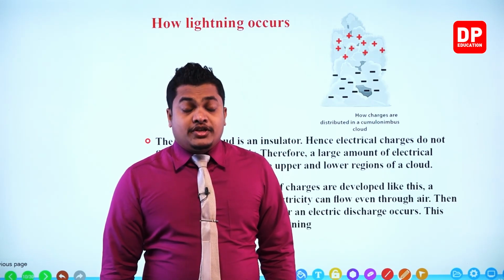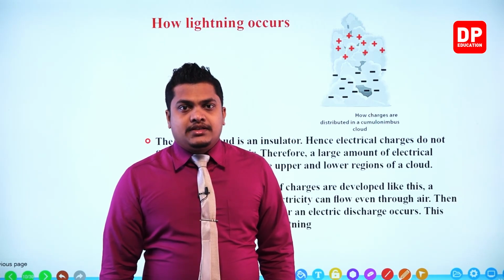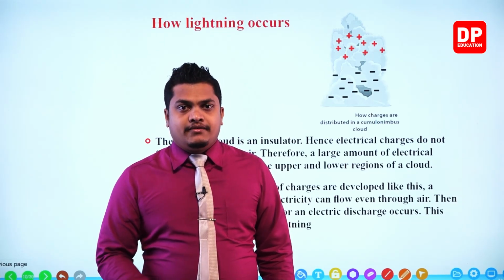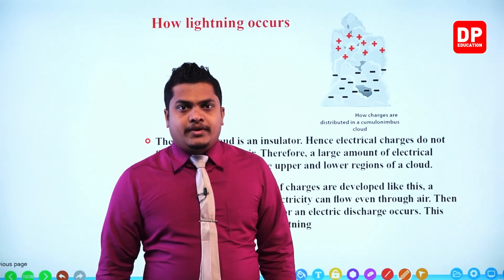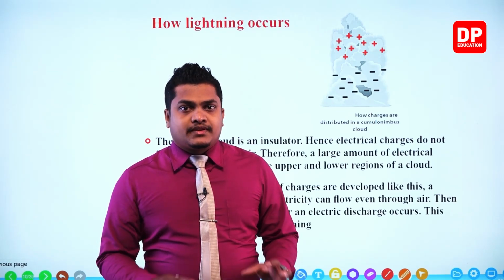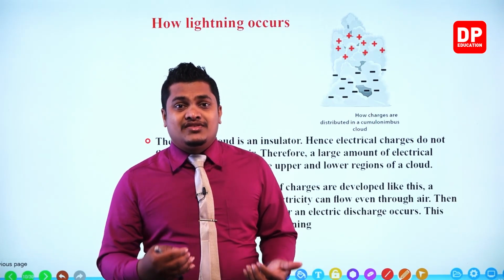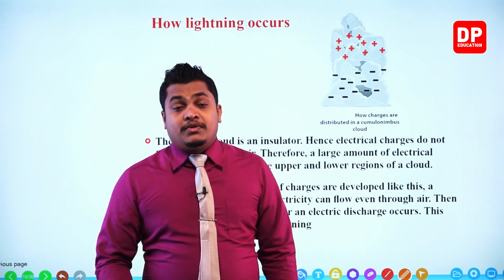Okay, if the potential difference is very high, then particles will try to flee from one place to another, from high potential to the lower potential. So, my dear children, imagine how much energy is carried by these lightning strikes. It's going to be very huge.